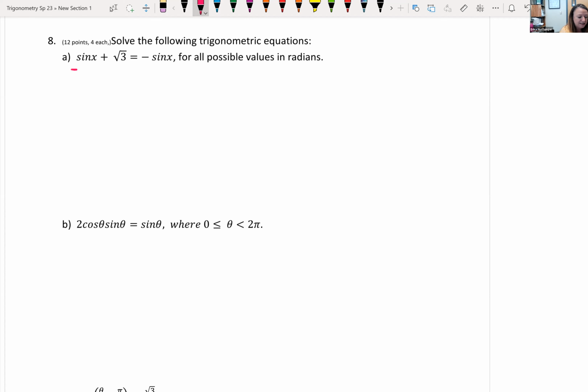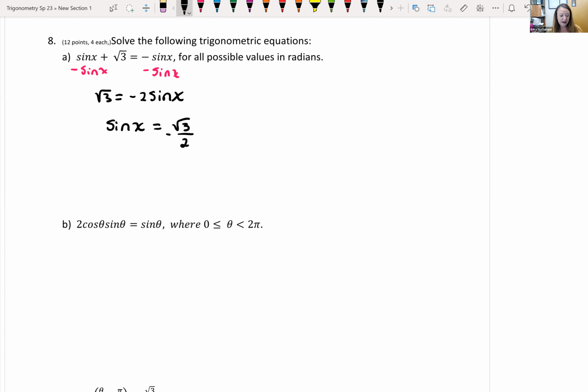So if we subtract sine x on both sides of our equation, we get that root 3 is equal to negative sine x minus sine x, which is negative 2 sine x. Let's isolate sine x by dividing through by negative 2. So we get sine x is equal to root 3 all over negative 2, or negative root 3 over 2.